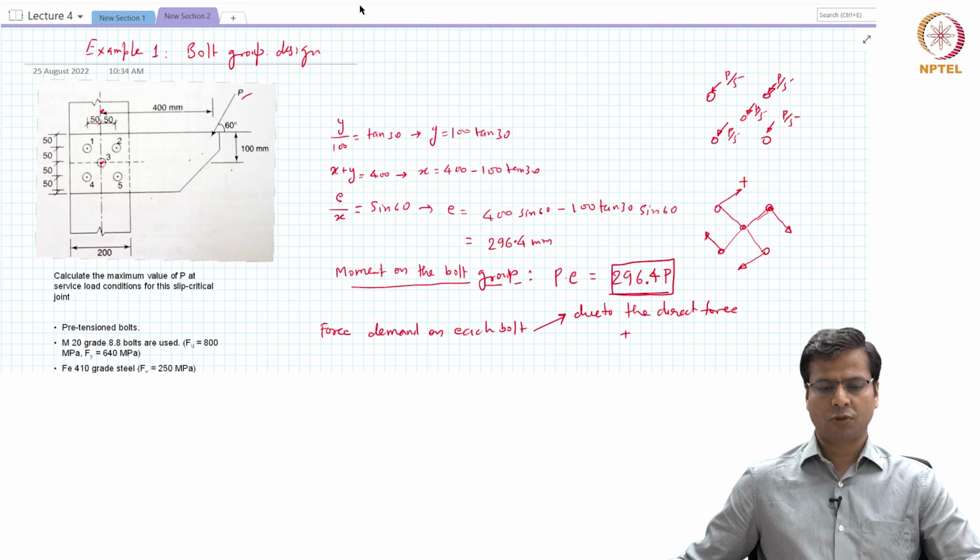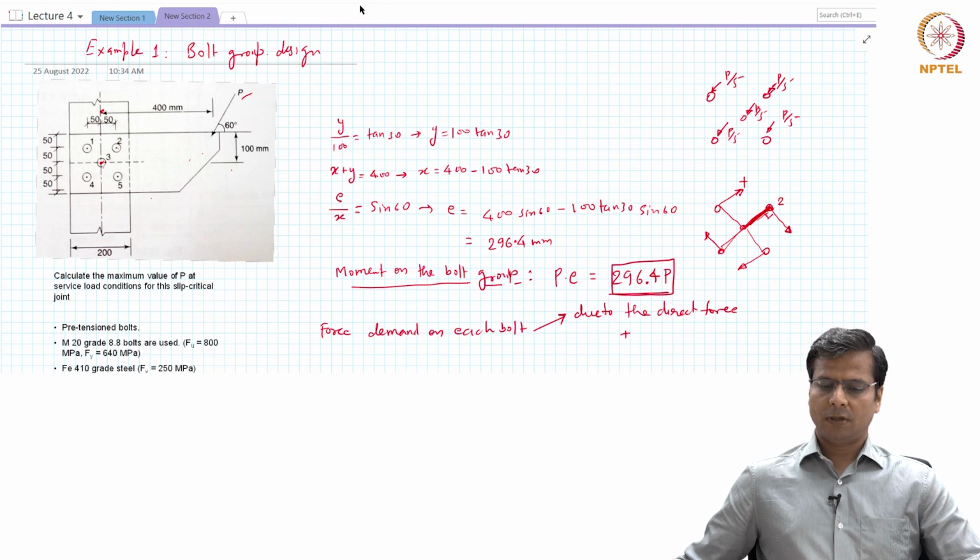So let's say bolt 2, it is at this angle from the centroid. That is the line that is drawing the radius from the centroid to bolt 2. And the force, because of the moment on bolt 2, will be perpendicular to that line, right? That is understandable. That's how it can resist the moment.